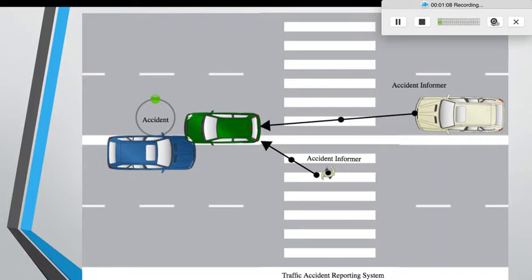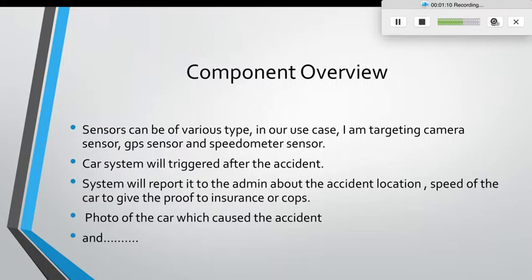The camera sensor will report back the accident photo. The location sensor will report the location of the accident, and the speedometer sensor will report the speed of the car, in order to give proof of the car's speed.